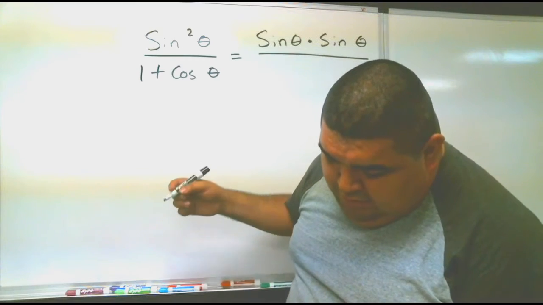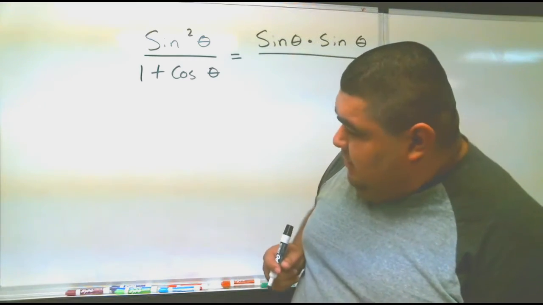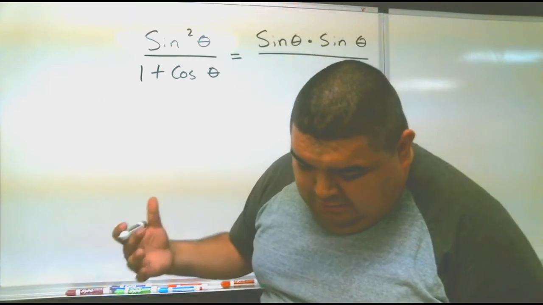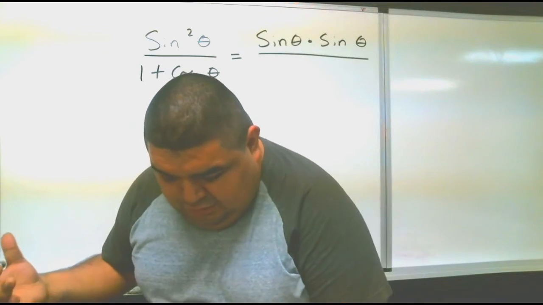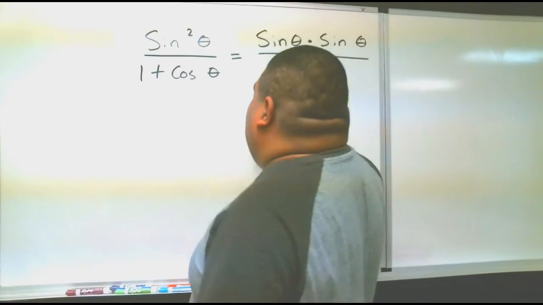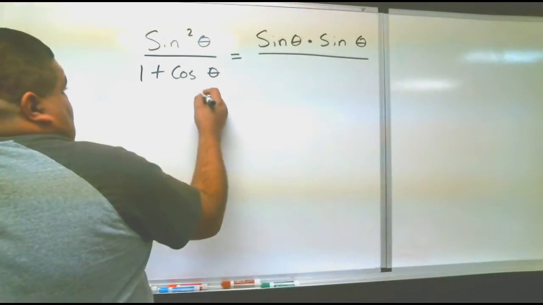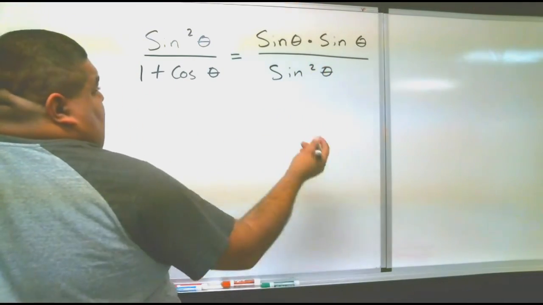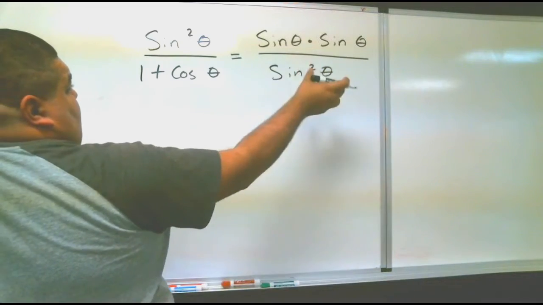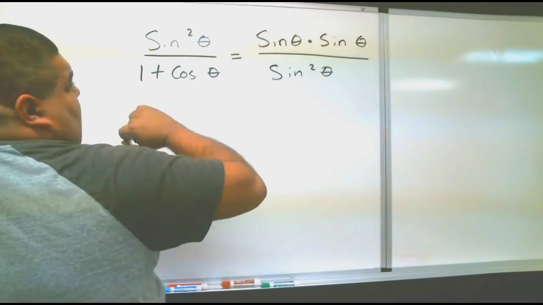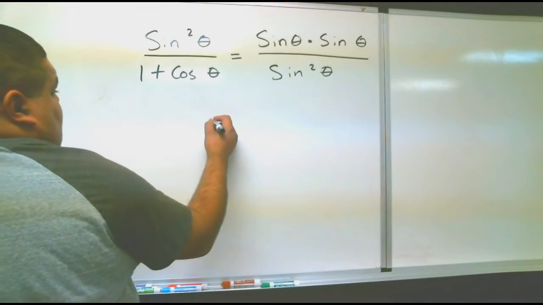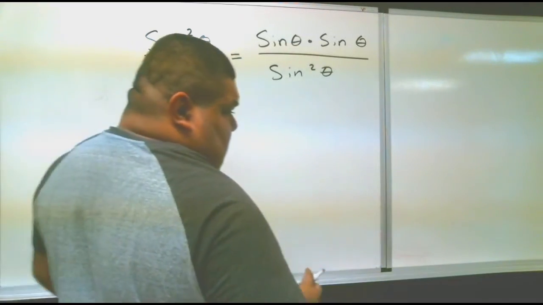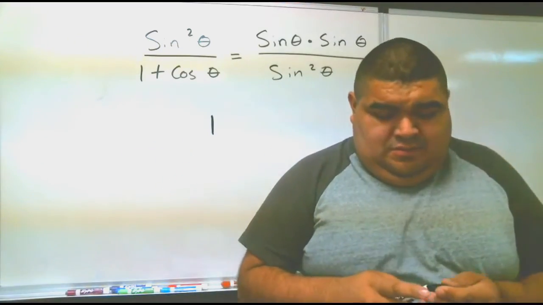If we move that cosine squared to the other side, it pretty much becomes sine squared theta from the chart. So it has sine squared theta over sine squared theta, which technically becomes again sine over sine. So technically your answer is just 1.